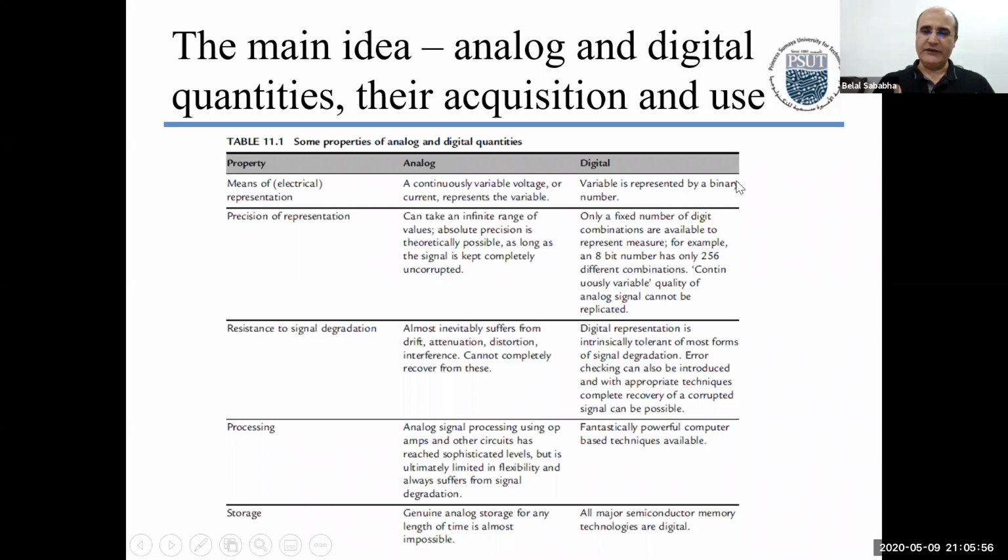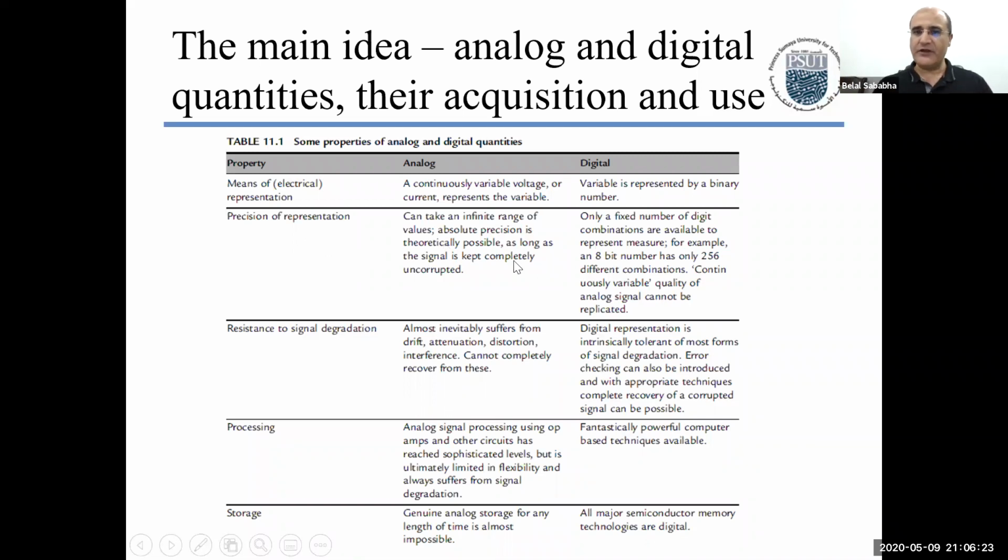If you're dealing with a digital entity, there's a 0, there's a 1, and what's in between them? Nothing. While if it's analog, you will have 0, 0.1, 0.001, an infinite number of variables. So for digital, it's a disadvantage: it's not continuous, it is discrete.